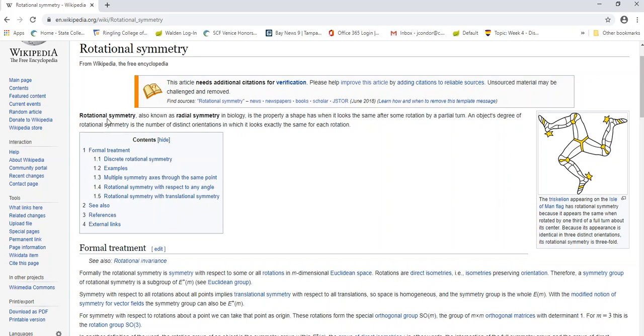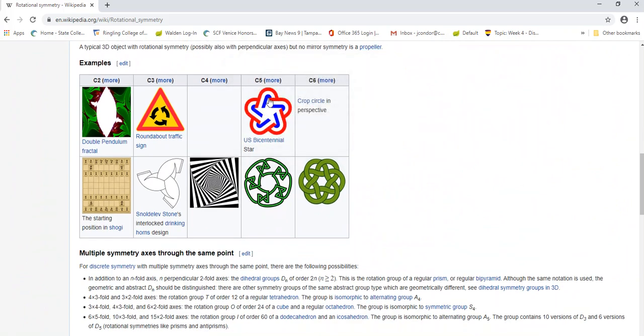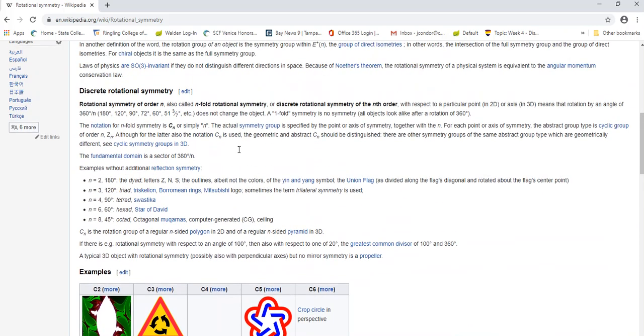It says rotational symmetry, or radial symmetry in biology, is a property a shape has when it looks the same after some rotation by a partial turn. If you go down here and look at these, they call this C2 rotational symmetry.